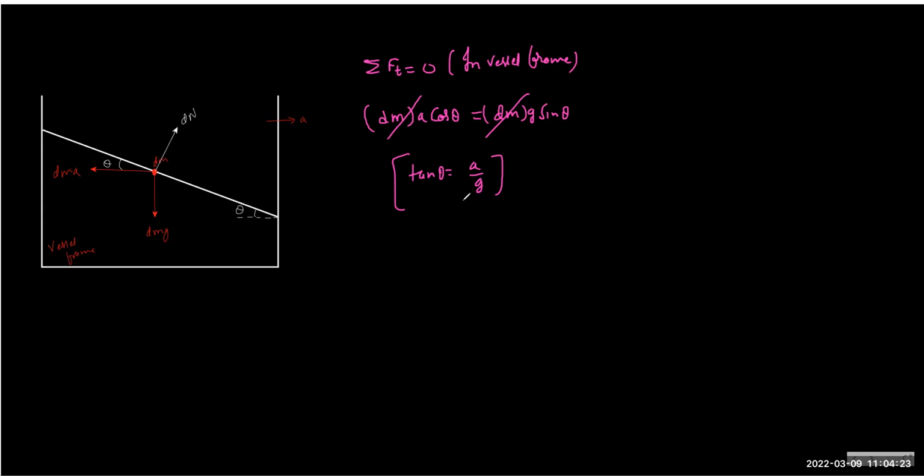Now the rule is the buoyant force always acts in the direction perpendicular to the free surface. So let me do it once again somewhere here. The net buoyant force will have a fixed direction.